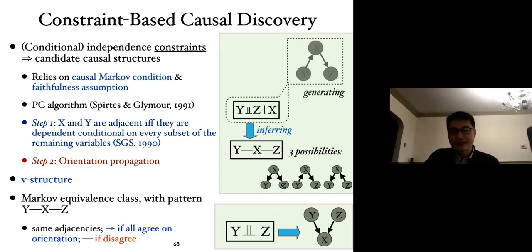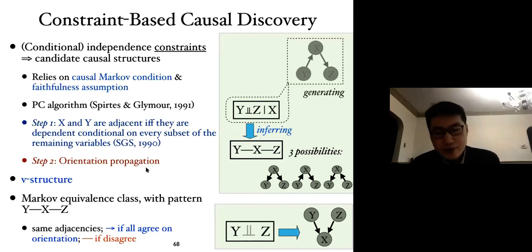Furthermore, Y and Z are conditionally independent given X. They are different. So in this case, we can discover the unique structure given that Y and Z are independent. And we can go further. We can determine the directions for more edges according to orientation propagation. Now you can see how we can solve the problem.